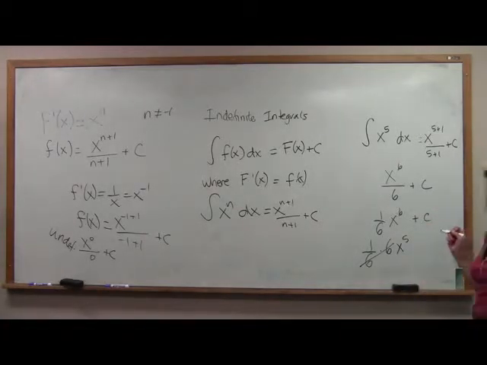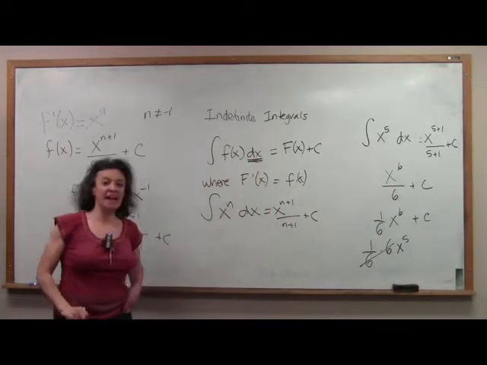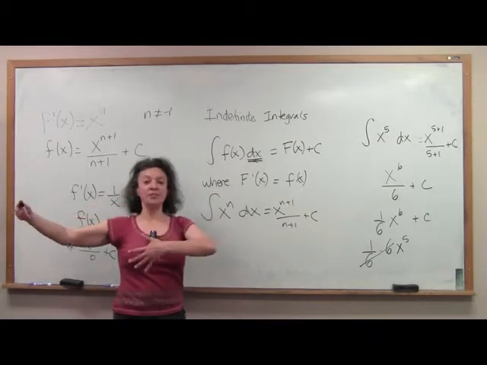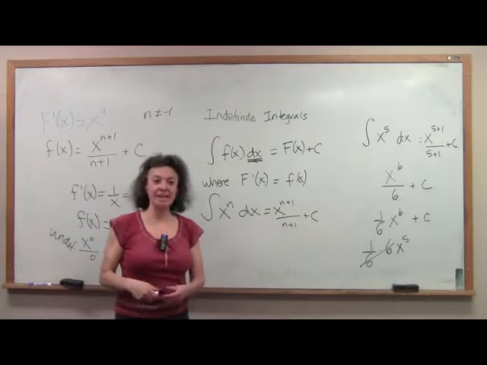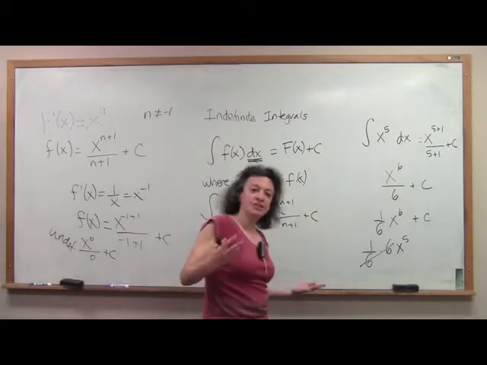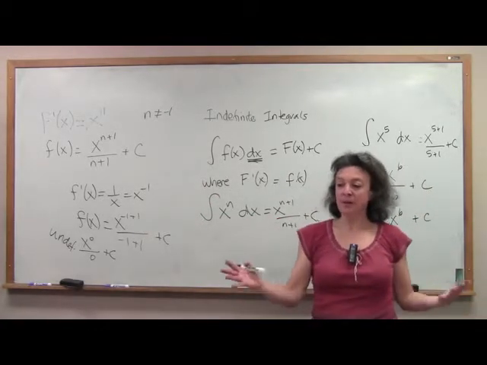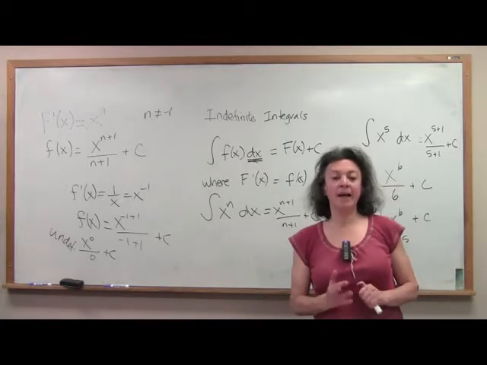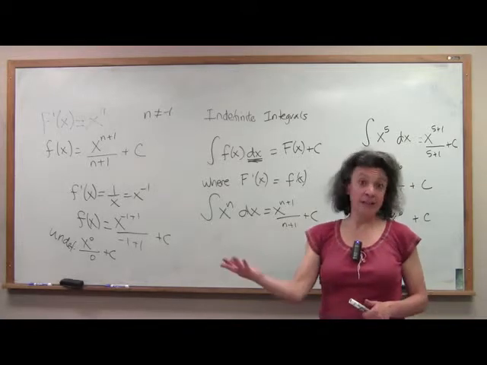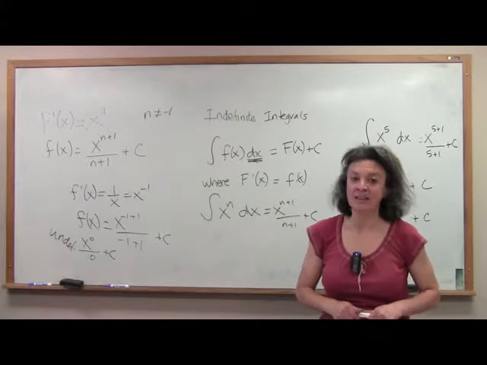Now, one thing that I neglected to mention earlier is, what does this dx mean? What this means is that we're computing our derivative or antiderivative with respect to x. It turns out that you can have functions of many different variables, so that's called multivariable calculus, and so you need to specify which variable you're taking the derivative with respect to, because you hold the other variables constant.